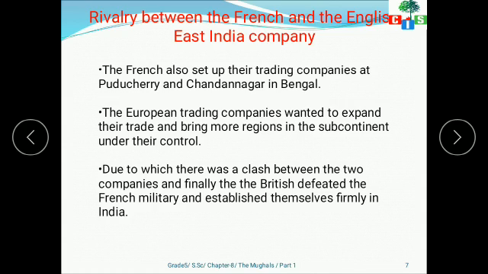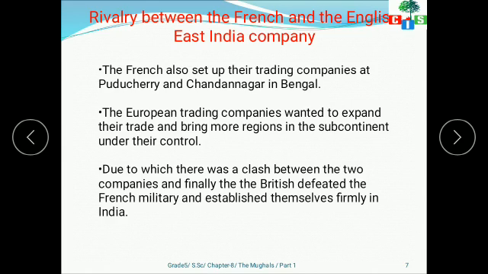But the European trading companies also wanted to expand their trade and bring more regions of the subcontinent under their control. So there was a rivalry and clash between the two companies.